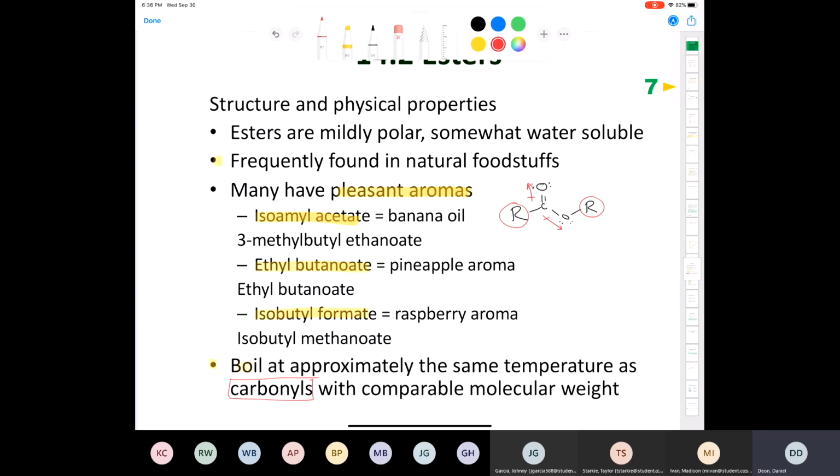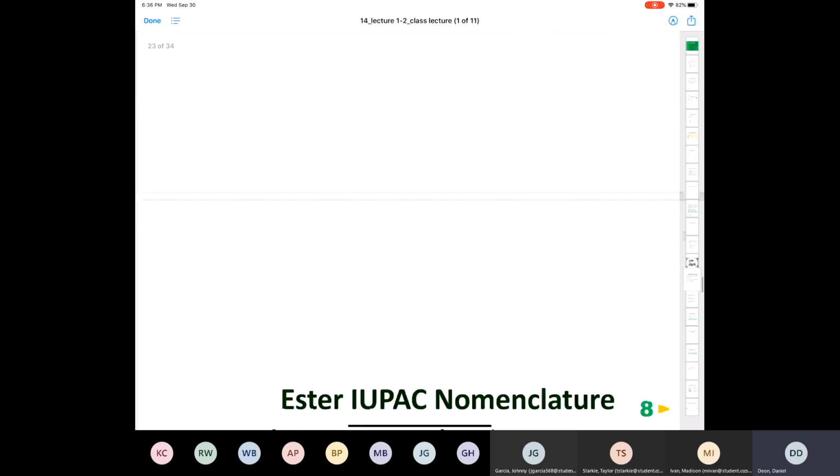So I'm aware that a carbonyl is a carbon doubly bound to oxygen like this, but when we say carbonyls as a type of compound, it means aldehydes and ketones, okay? So aldehydes, and ketones. So another way of saying this would be esters boil at approximately the same temperature as aldehydes and ketones with comparable molecular weight. All right, there we go.